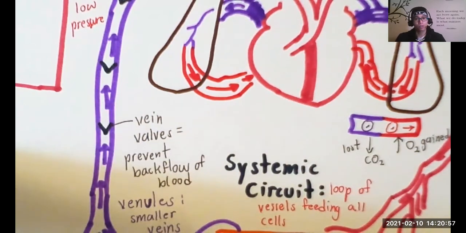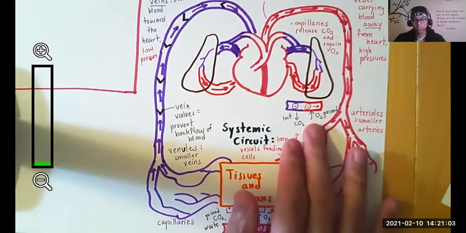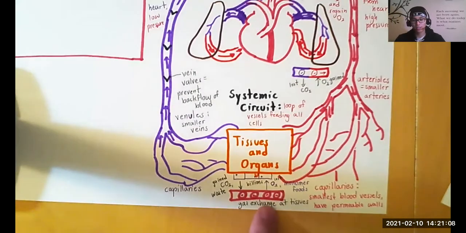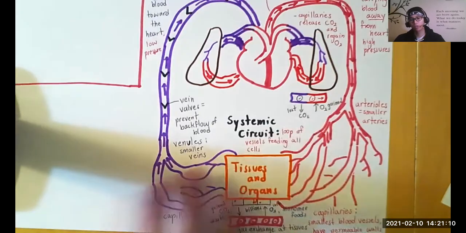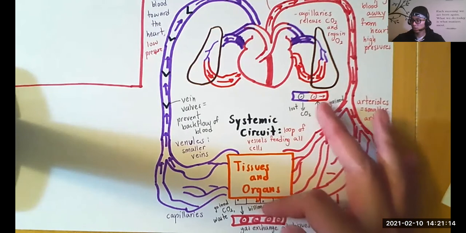They don't take it from an artery. It's too dangerous. This is gas exchange in the lungs. Down here is gas exchange in the tissues. Up here is gas exchange in the lungs. They're inverses of each other.